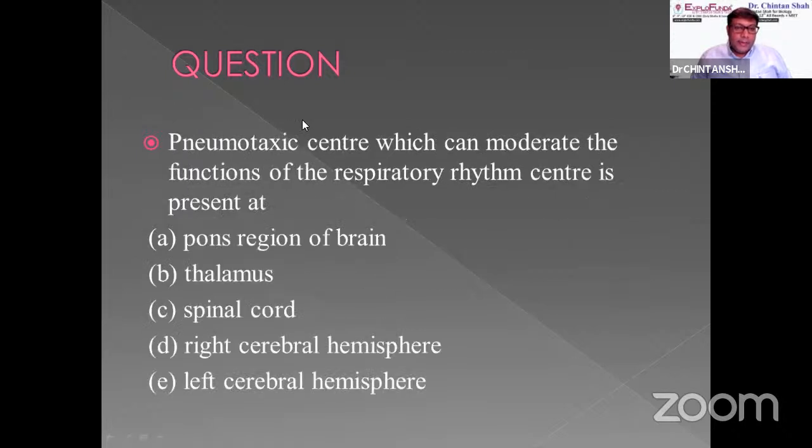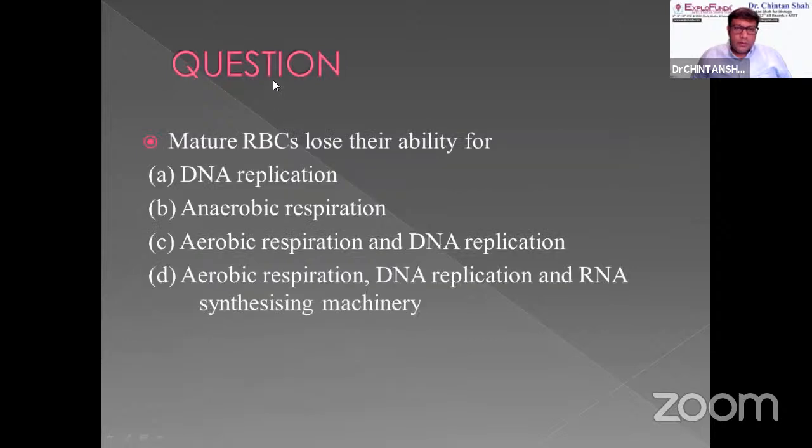Let's go on to 23. So, done. Yes, this is 24. Mature RBCs lose their ability for what? What cannot be done by mature RBC? Oh, this is 23, na? Sorry. What cannot be done by mature RBC?